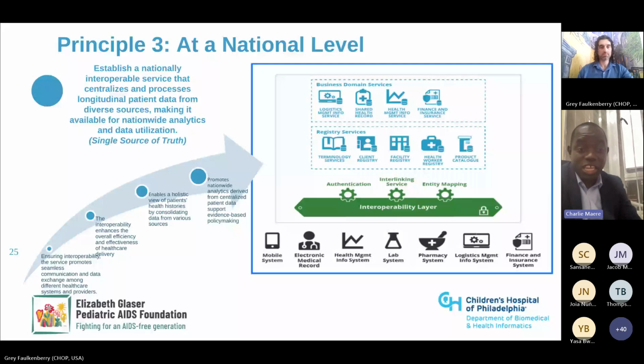So there is a new set of knowledge which we impart to the Ministry of Health and the governments in adopting this kind of architecture at a national level.